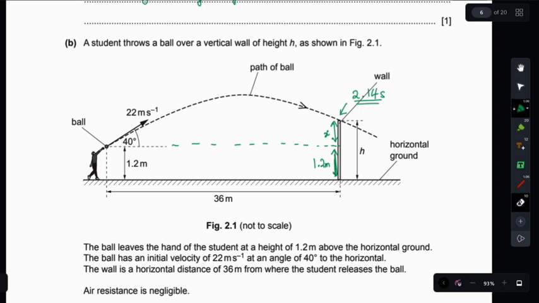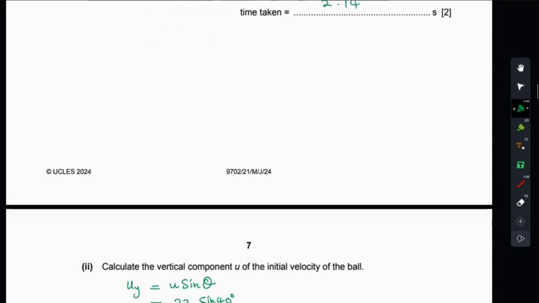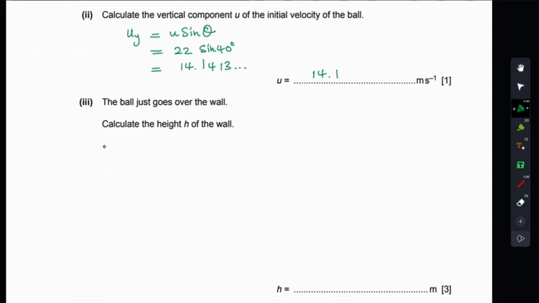I'm treating it as x because that's the unknown, but otherwise we can use h or y. Let's use y. For us to get that height, we are going to use the equation y is equal to u t sine theta minus half g t squared.